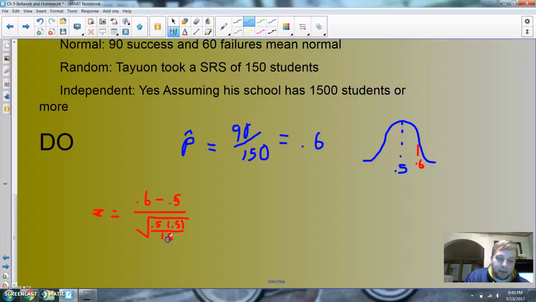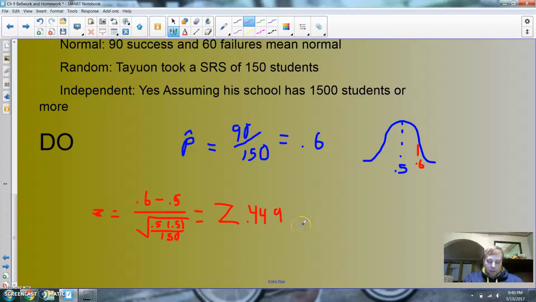Assuming that 0.5 is correct, what should be my z-score? Let's pause and find out. I got a z-score of 2.449. If I look that up in the book, it's roughly 2.45.